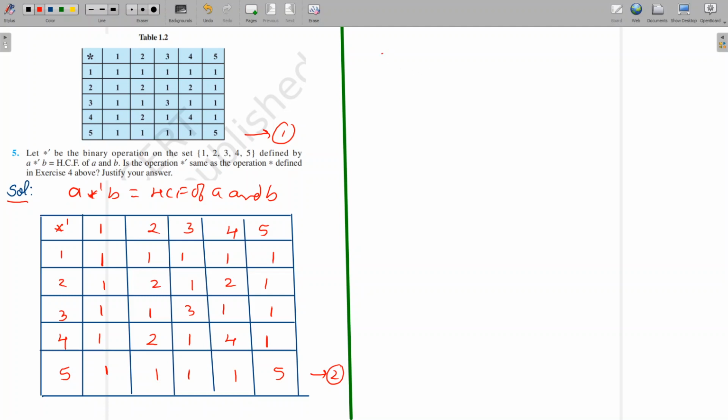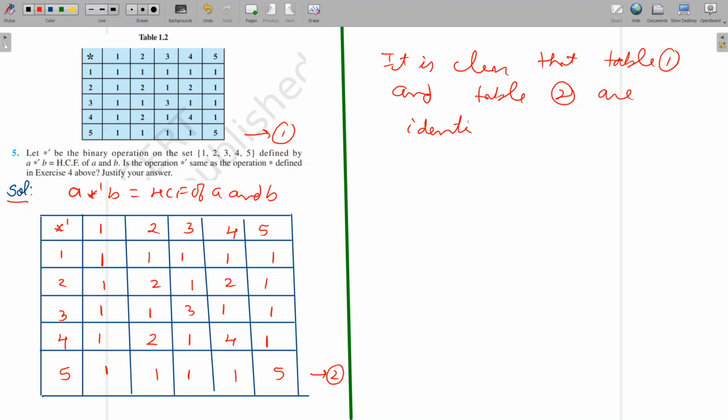So it is clear that table 1 and table 2 are identical. And so, it is asked whether the operation star dash is the same as the operation star.